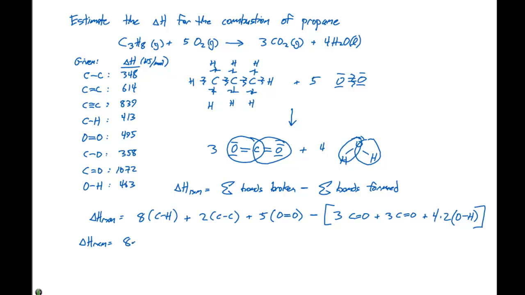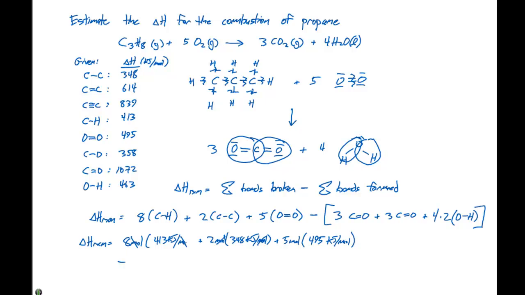So we can say that 8 moles times the carbon-hydrogen bond enthalpy, which will be 413 kilojoules per mole, plus 2 moles times the carbon-carbon bond, which would be 348 kilojoules per mole, plus 5 moles times the oxygen-oxygen bond enthalpy, which will be 495 kilojoules per mole.